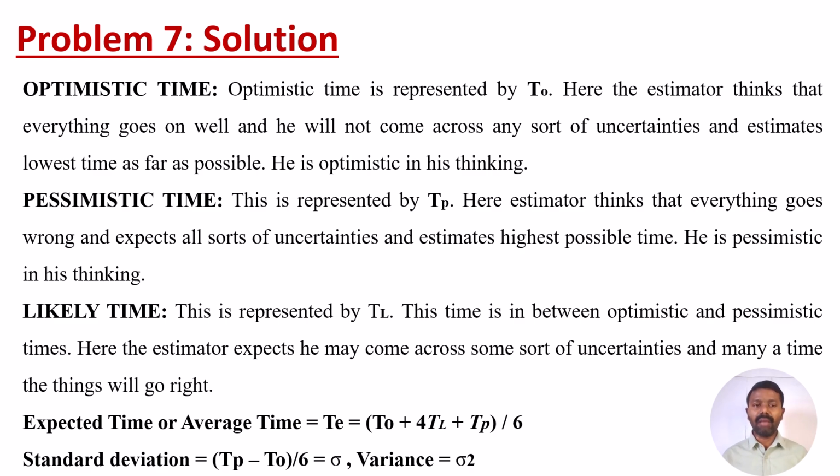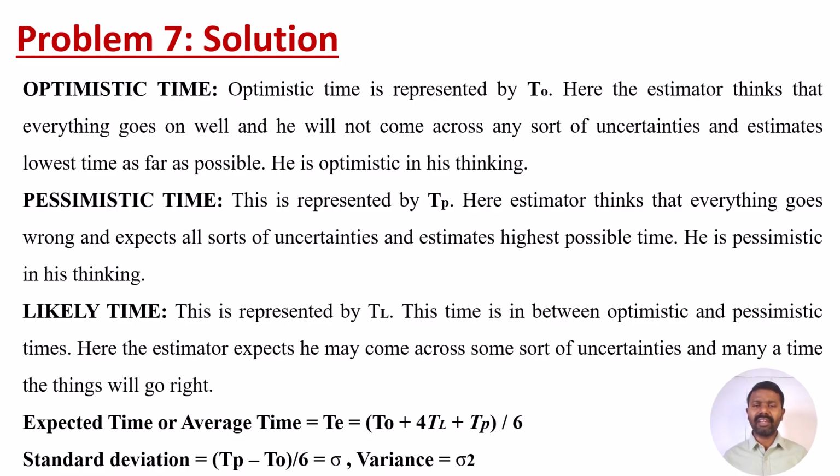And the pessimistic time is represented by TP, and here the estimator thinks that everything goes wrong and expects all sorts of uncertainties and estimates the highest possible time. He is pessimistic in his thinking. So the estimator will think, what happens if it rains tomorrow, what happens if some workers don't come, what happens if some machine fails.